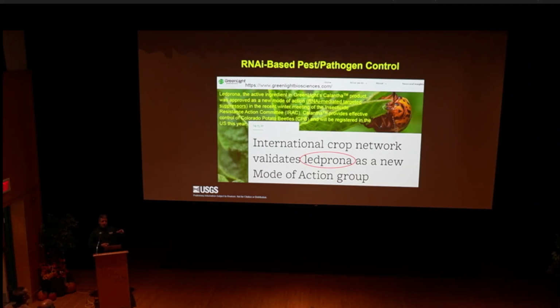So when the insect feeds, then the insect dies, and nothing else is affected because it's just targeting that potato beetle that is feeding on the potato plant. So it's out there, and there's a regulatory process currently in place here in the U.S. to move forward with these types of treatments.